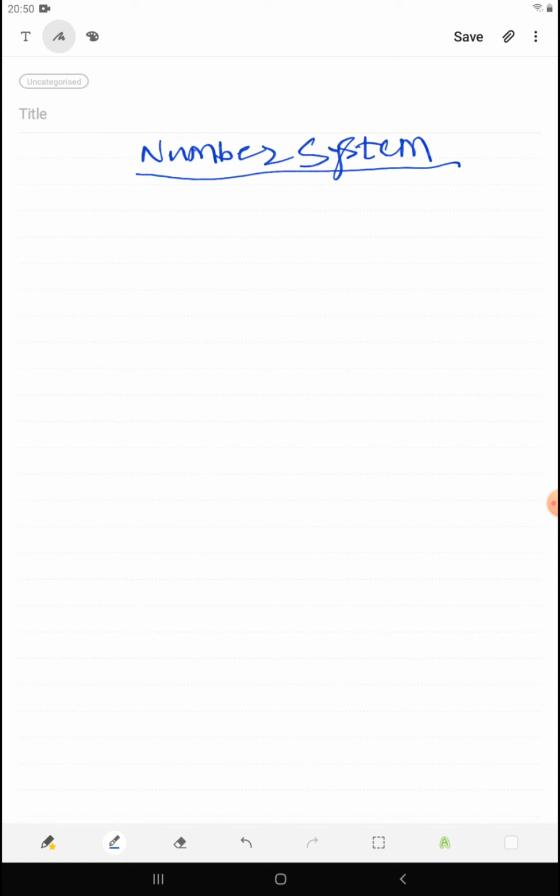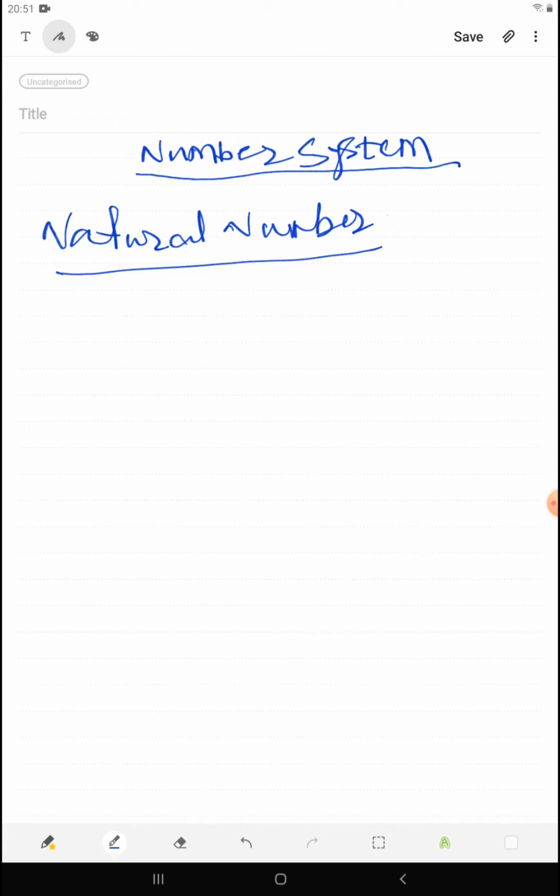Okay, so let's start. We have heard about natural numbers. So let's understand what a natural number is first. A natural number is a number which we generally count.